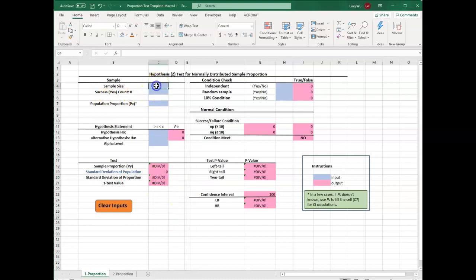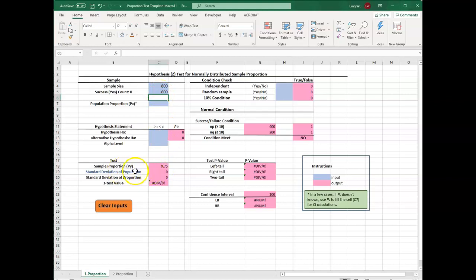Now we look at this proportion test. The sample size is 800 and the success count is 600. Because we don't know the population proportion, and in this case we only need the confidence interval, not really the z-test value, they didn't give us a population proportion.